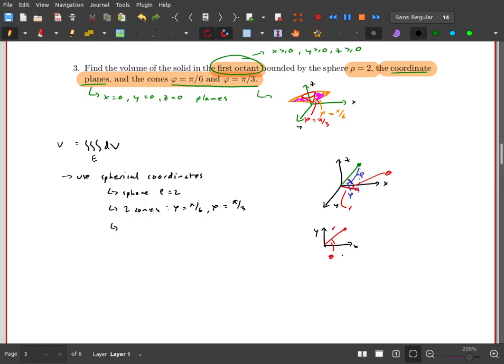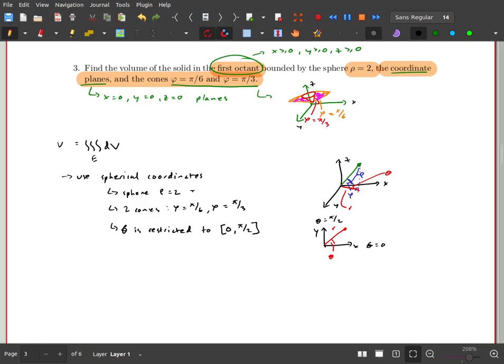To restrict theta to be in this zone only, we would have to restrict theta to only values between 0 and pi over 2. Because remember, the x-axis is theta equals 0. What corresponds to the y-axis would then be theta equals pi over 2. So we'll have to restrict theta.